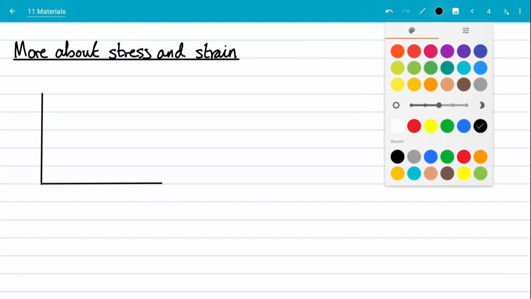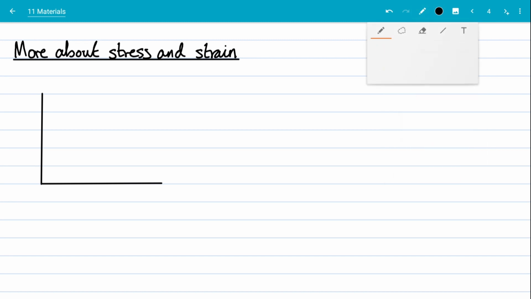So last lesson, we introduced the idea of stress and strain as geometry-independent replacements for force and extension. And remember, I was talking about tensile stress and tensile strain, extension.